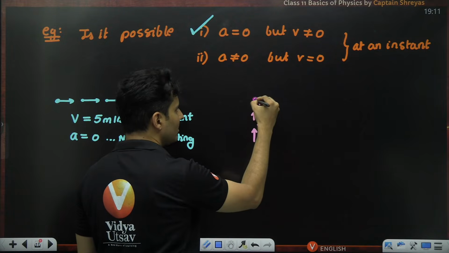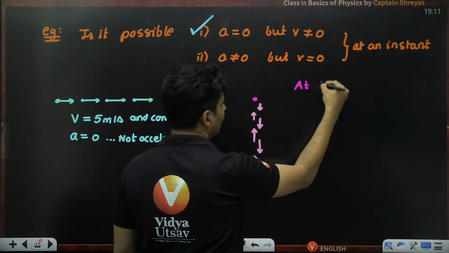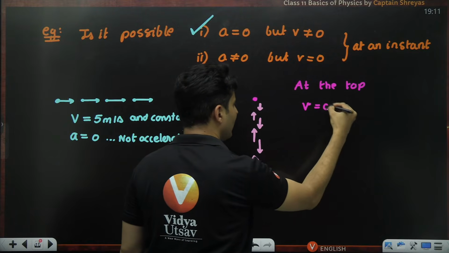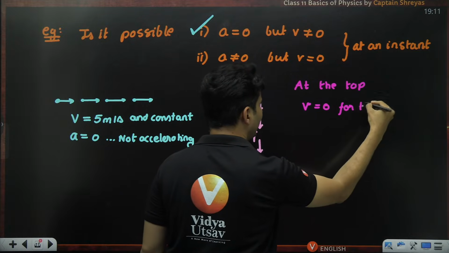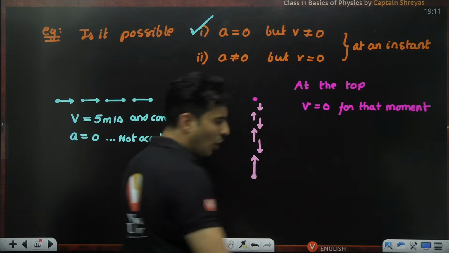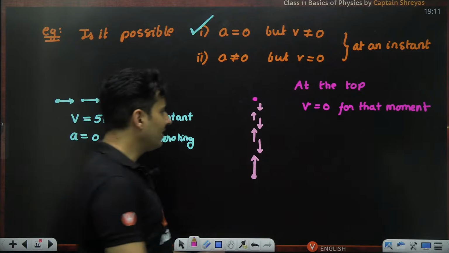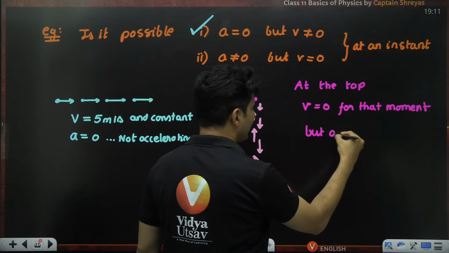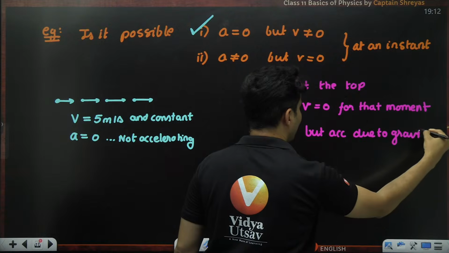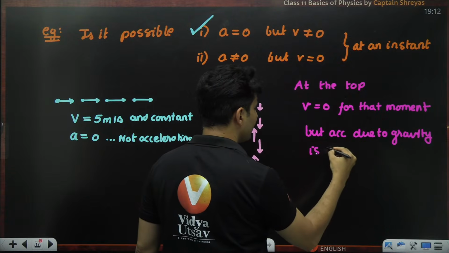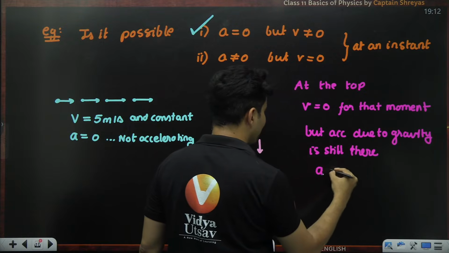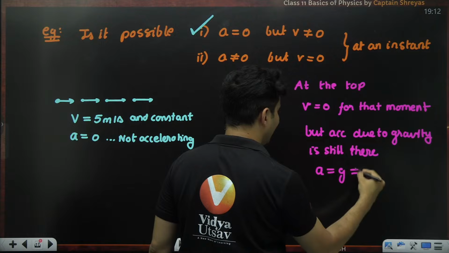At the top, the velocity is 0 for that moment. But does it stop accelerating? Acceleration due to gravity is still there. So acceleration is g, which is not 0.